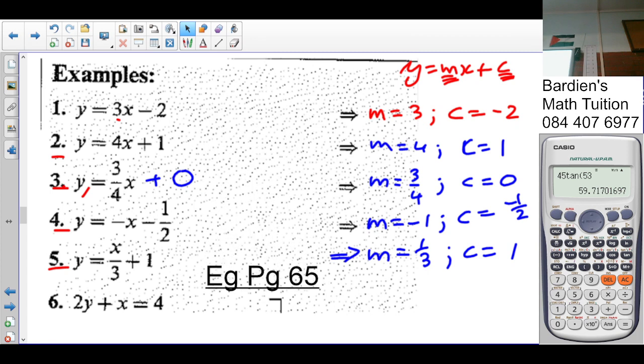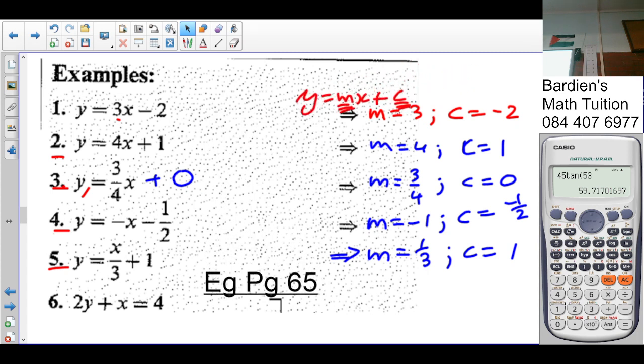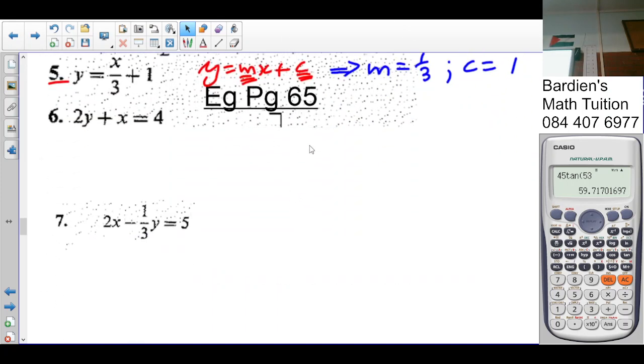Now the next one, number 6. Can I take the m value as a standard then? What's your m value, number 6? You're saying it's 2. My question is, for you to read off the m value, it has to be in the form of y equals mx plus c.